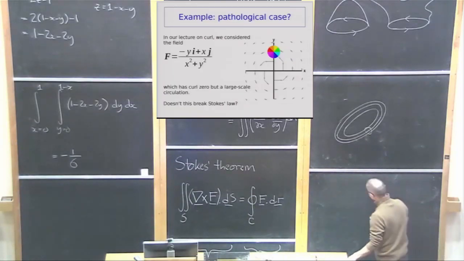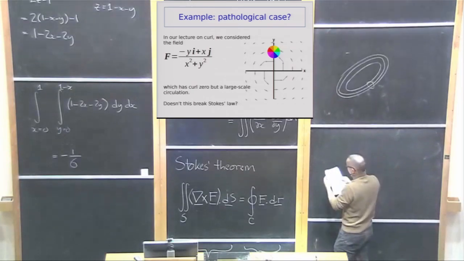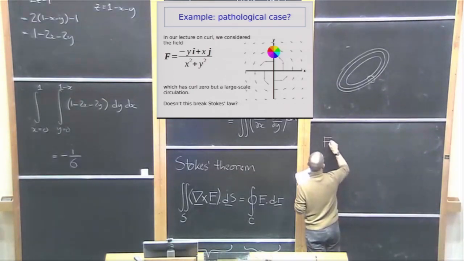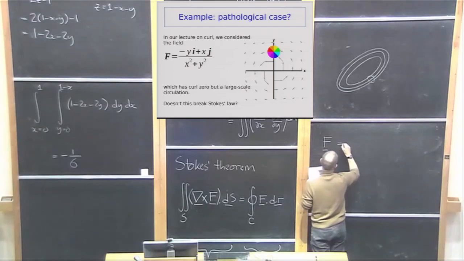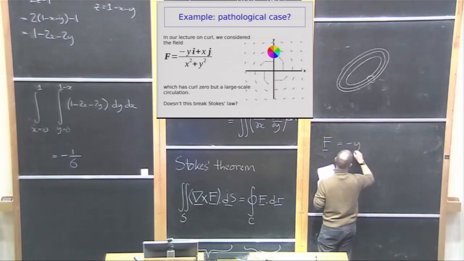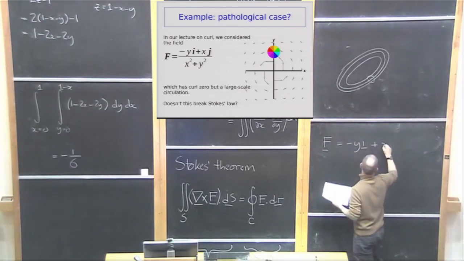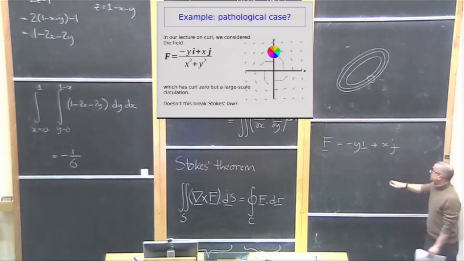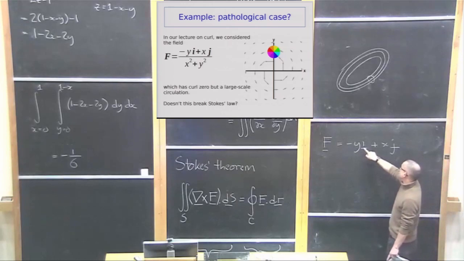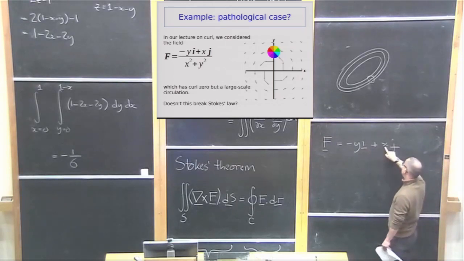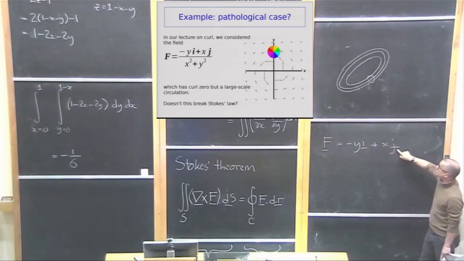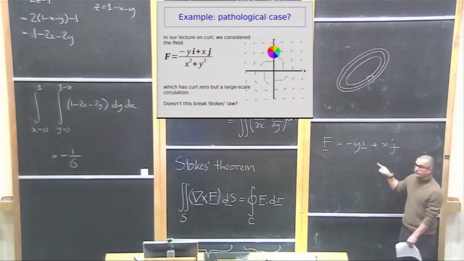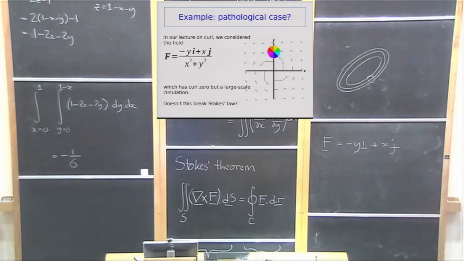So, this is the famously nasty vector field for Stokes' law. So, minus yi plus xj. So again, if I have a y term in front of the i component and an x term in front of the j component, and if one of them has the other sign to the other one, I have a rotating vector field.